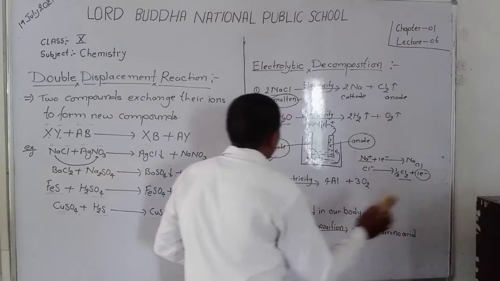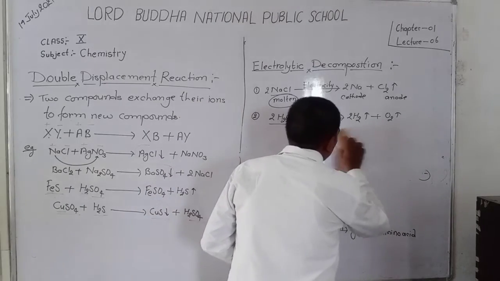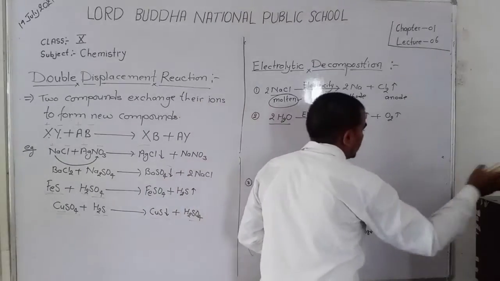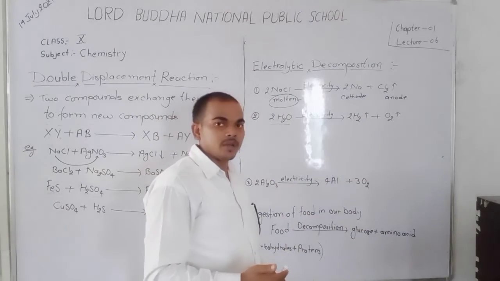Dear student, for the representation of this equation, identify where hydrogen gas is liberated and where oxygen gas is liberated.